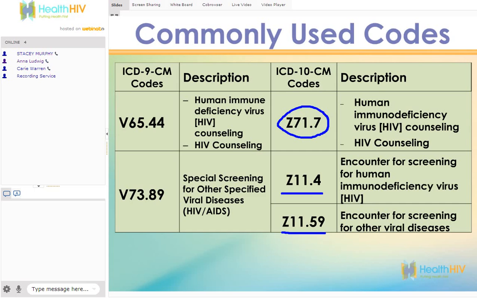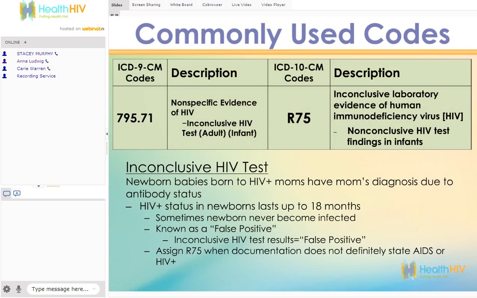But if they don't have their own codes, then you would utilize Z11.59. The inconclusive HIV or false positive code in ICD-10 is R75. And so again, just to reiterate, for treatment for babies that have a false positive status, you would report that as R75.